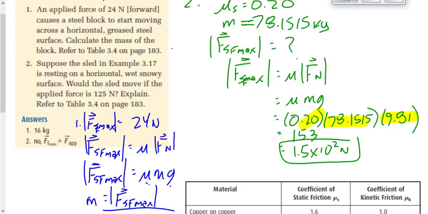Good question. The question was, when we did the example, we rounded the answer for the mass to be 8 times 10 to the 1. So why didn't we use the 8 times 10 to the 1 there? Why are we using the unrounded number there?